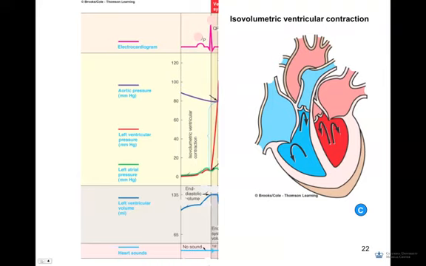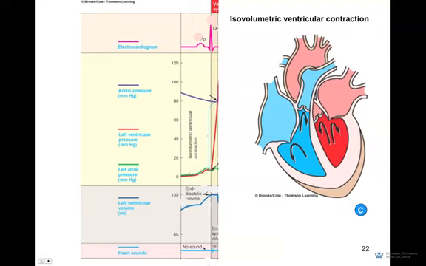Right here, that arrow is pointing at the point where the red line, ventricular pressure, exceeds atrial pressure, the green line. And over here in the heart, what that means is the pressure down here in the ventricles is higher than the pressure in the atria. When that happens, those AV valves shut. Okay?